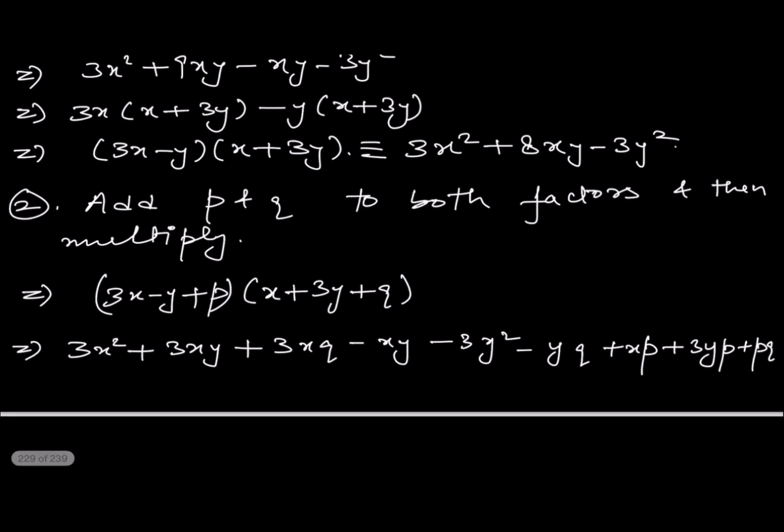So after multiplying you will get these terms. Now if this is the required pair, then it must be 0.